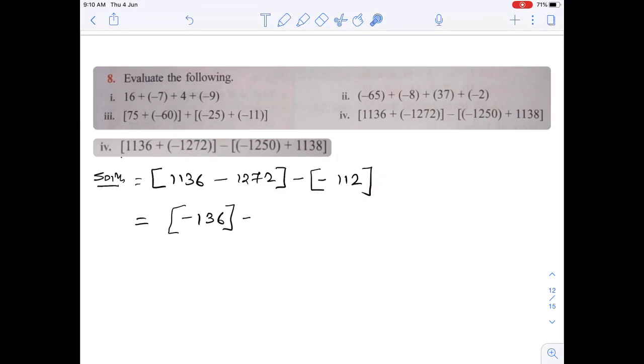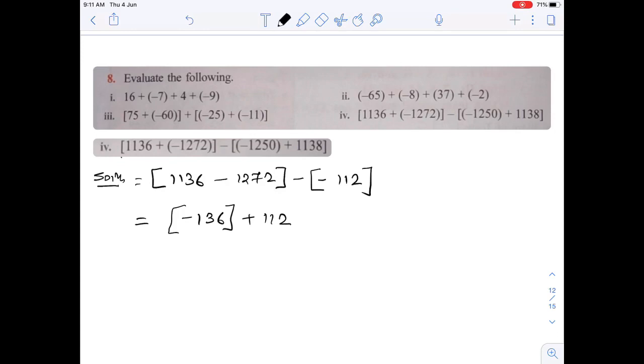Now again it can be seen that we will remove this minus sign. Now here in this condition a negative sign is followed by another negative sign, so when signs are followed one after another, we have to write as per the rule. Now same signs are present, so we will write here plus. Okay, now it will become plus 112.